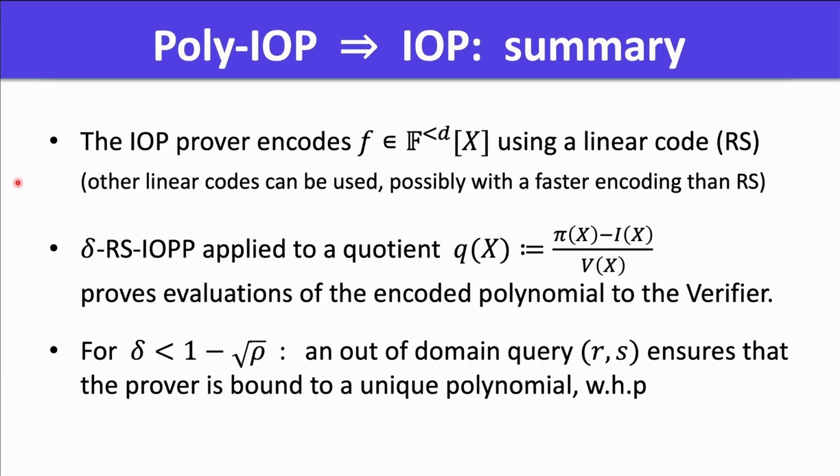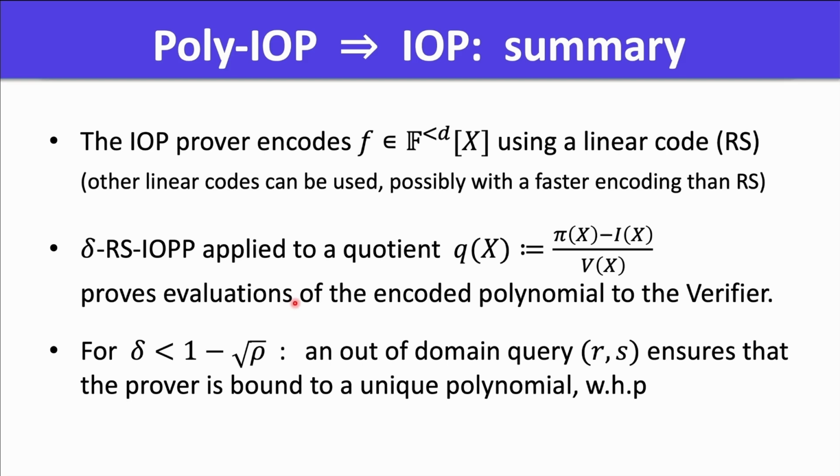So to summarize, the way the compilation works is when the Poly-IOP prover sends a polynomial f, the IOP prover is going to encode f using the Reed-Solomon code. And as we said, other linear codes are also possible, and they actually might be even faster than the Reed-Solomon code. This is something that we'll discuss a little bit later. Now, when the Poly-IOP verifier needs to evaluate this polynomial f, what the IOP prover and verifier will do is they'll run a Reed-Solomon IOPP to prove that this quotient is close to a Reed-Solomon code of degree d-2.